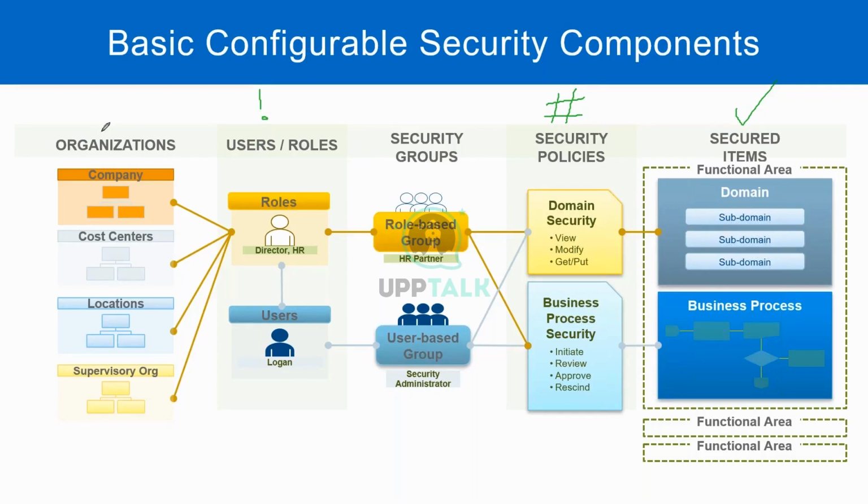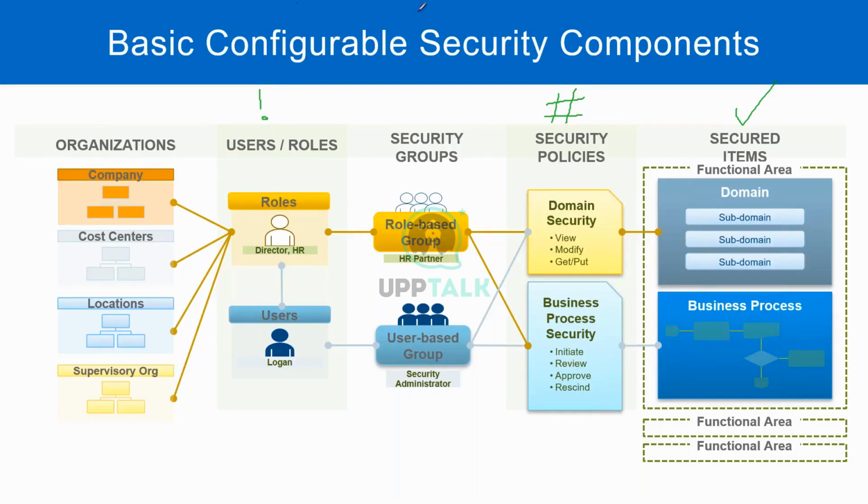So they deliver the entire solution in terms of functional areas. And functional areas will consist of business processes and domains. Domains will have domains and subdomains, and business processes will have business process definitions. Okay.